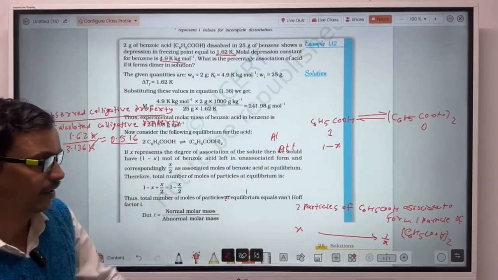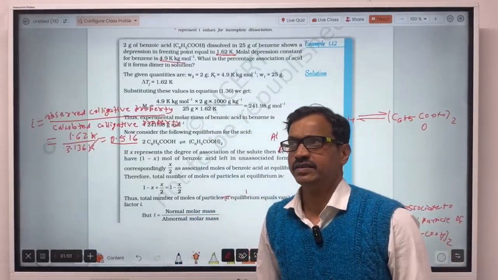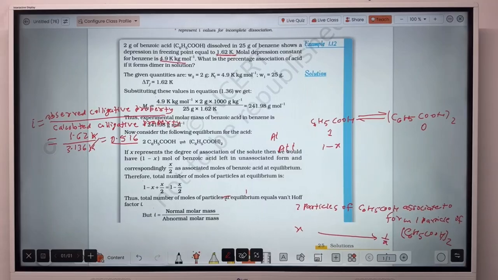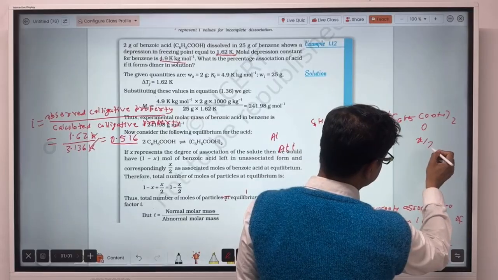So at time T, the number of benzoic acid molecules left unassociated will be 1 minus X, and the number of dimers of benzoic acid will be X by 2.